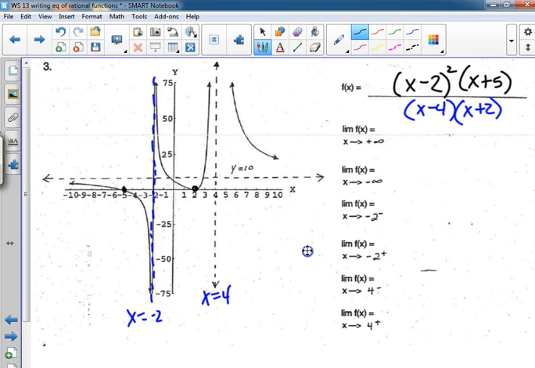Right now it's what? It's top heavy. Any ideas? Why would we square that one? No. Nope, no holes.